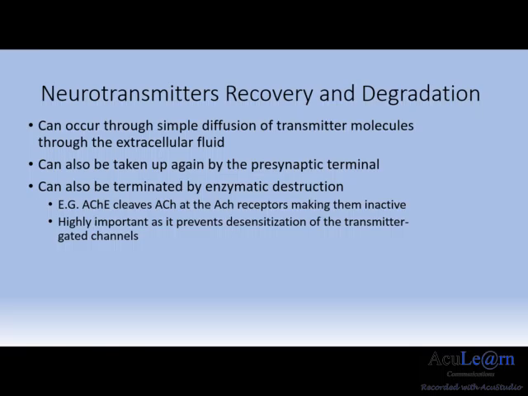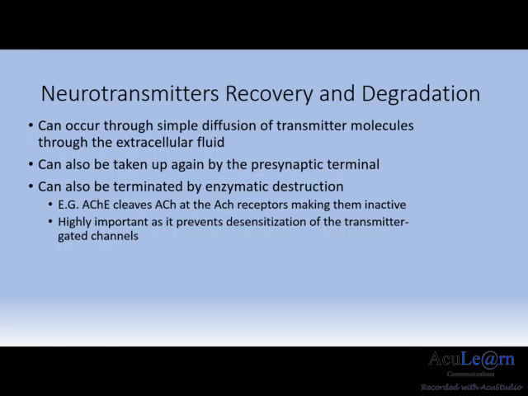This is particularly important for acetylcholine at the neuromuscular junction. The enzyme acetylcholinesterase, AChE, cleaves acetylcholine, inactivating it at the acetylcholine receptors.